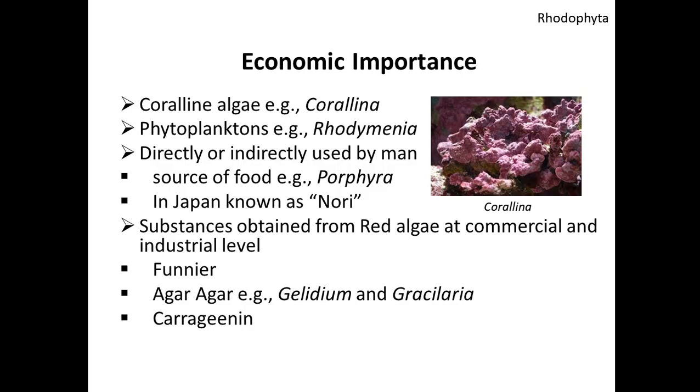On a commercial scale, it is widely used in microbiology in the preparation of media for culture studies. It is used as a therapeutic agent in intestinal disorders as it is a non-irritant bulk producer that can absorb and hold water and at the same time act as a mild laxative.